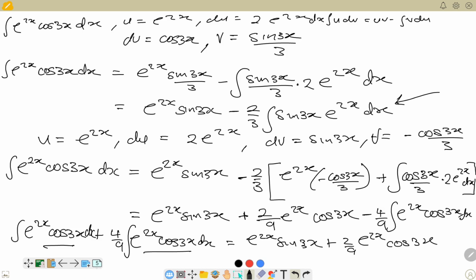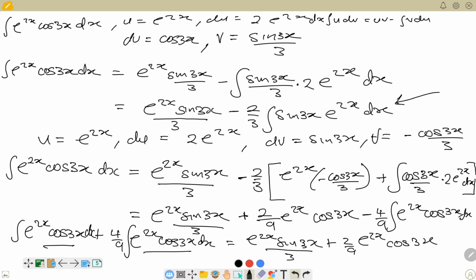Then on the other side, what can we factor out on the other side? Let's check something before we proceed. This term here, it's actually divided by 3. Even here, it's divided by 3.